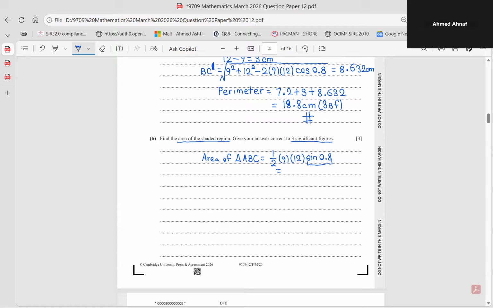If you're dealing with non-exact terms, just leave them alone first or round them off to a higher number of significant figures than your final answer. Otherwise, you might end up with a rounding error. Or just leave them exact if you can. But in this case, we can't, so I just decided to leave it alone. So we will get 54 sine 0.8.